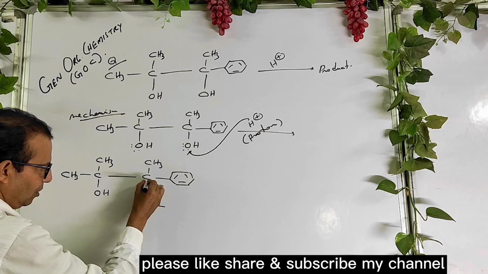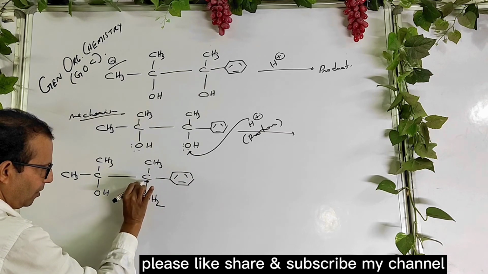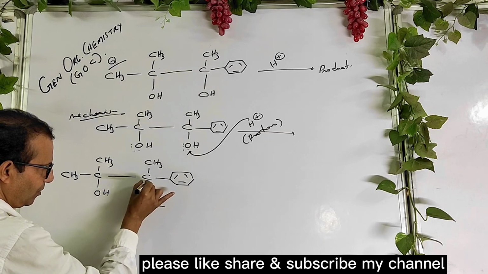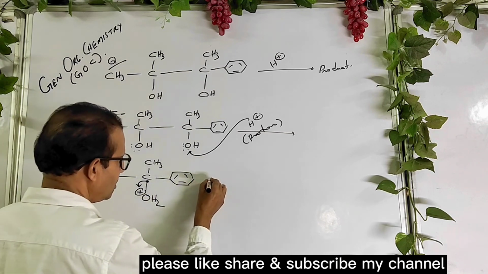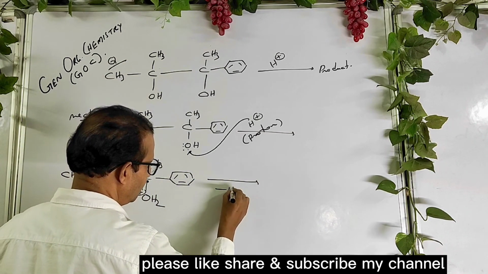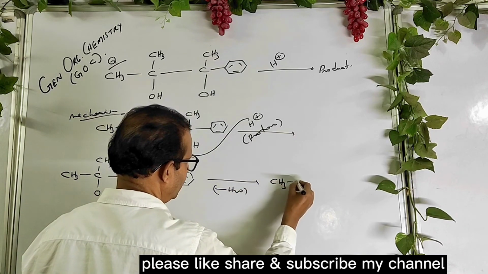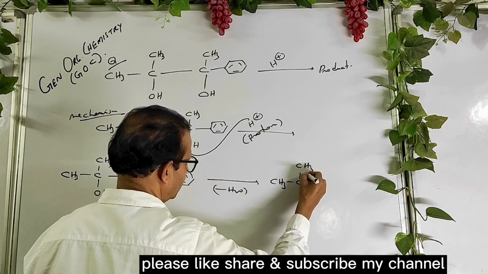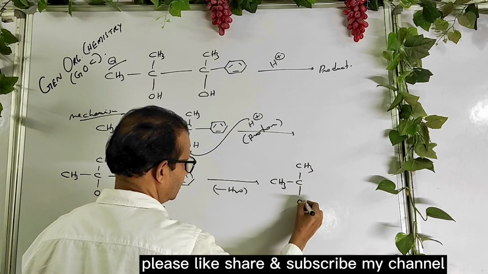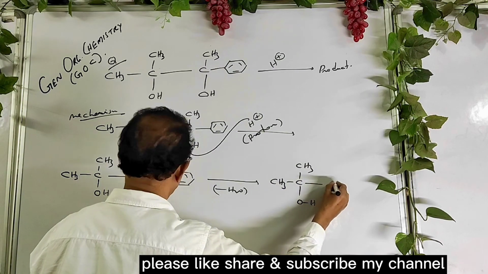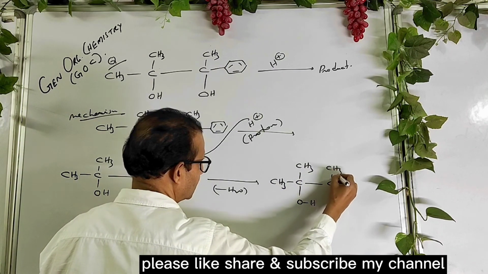That's why oxygen attracts the bonding electron from carbon, and elimination of water takes place, and you get the intermediate like this.